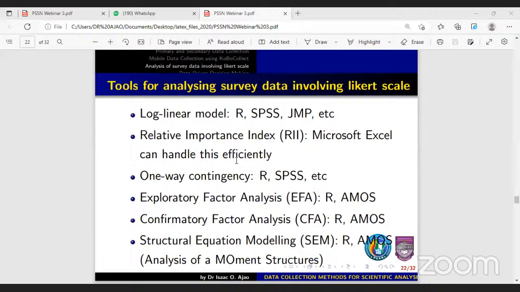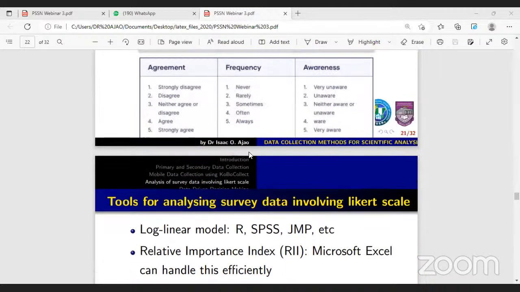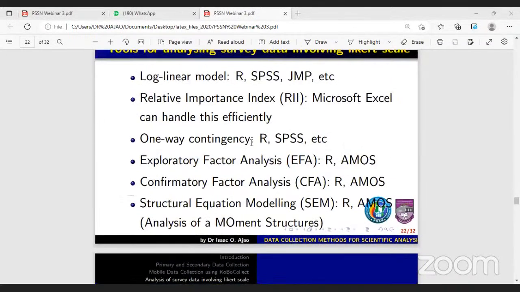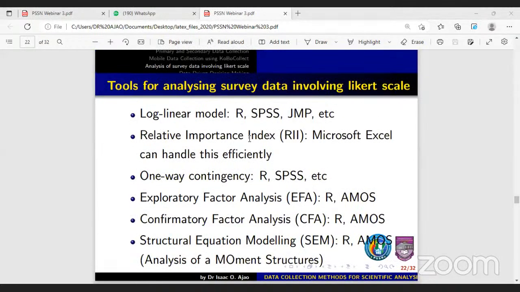But when it comes to Likert scale, the one that will give scientific meaning is 1-way, because it is the perception or opinion. We are analyzing frequencies here. It's not just using anyone. You can't use simple linear regression here. It's not that it won't give you results, but it will not be correct.